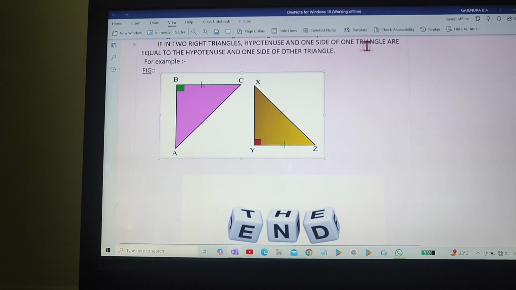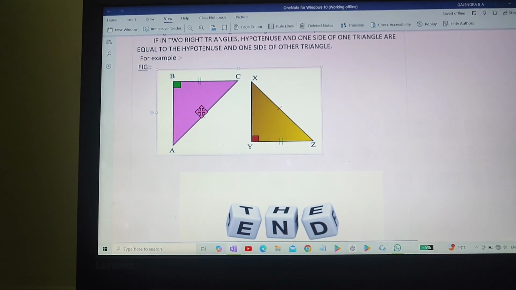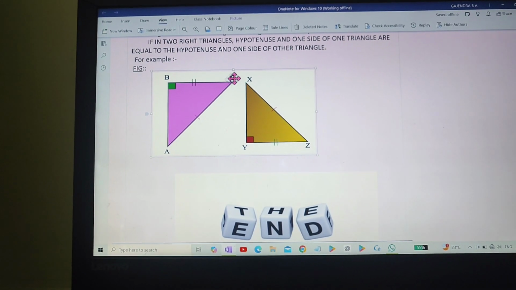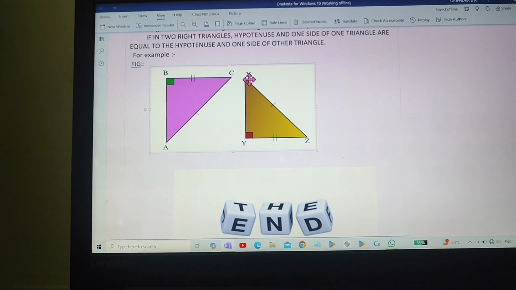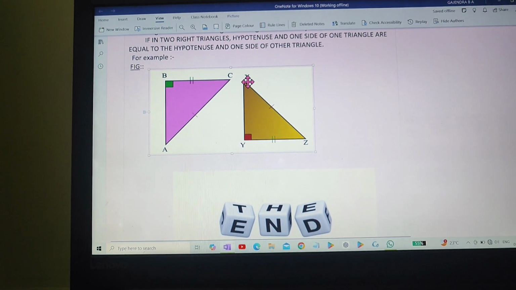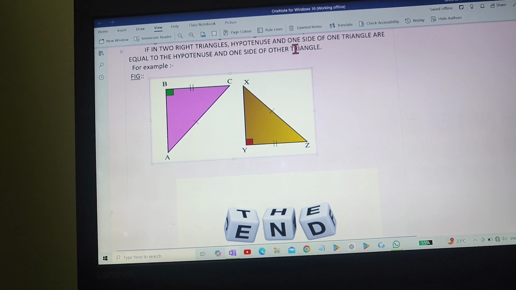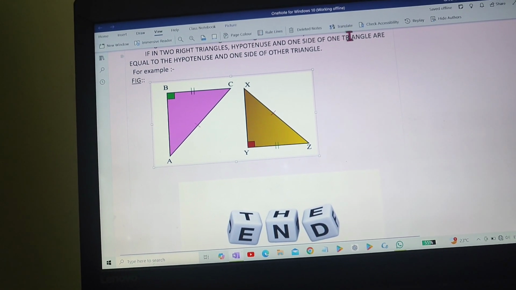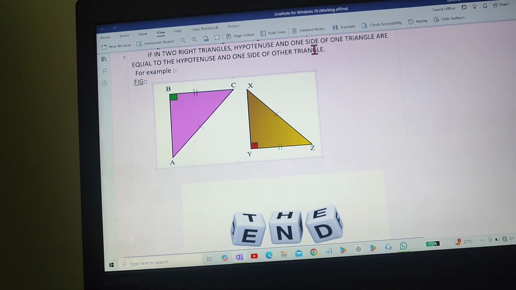Hypotenuse and one side of one triangle. As I said, the hypotenuse in this triangle is AC and the hypotenuse in this triangle is XZ, and the hypotenuse and one side of one triangle are equal to the hypotenuse and one side of the other triangle.